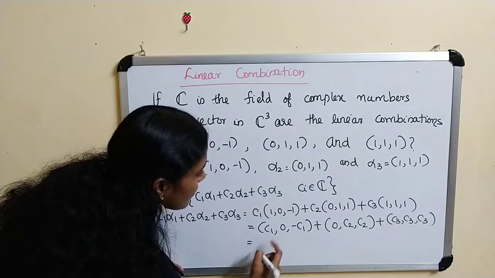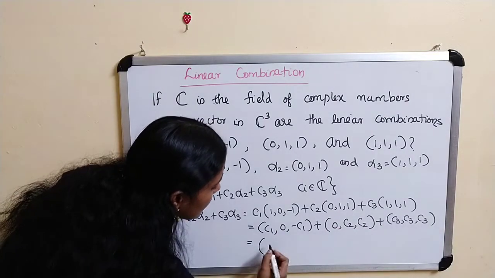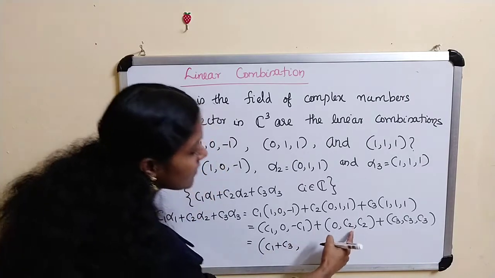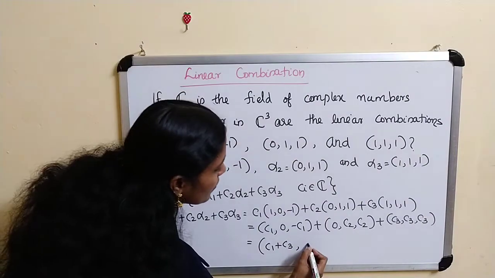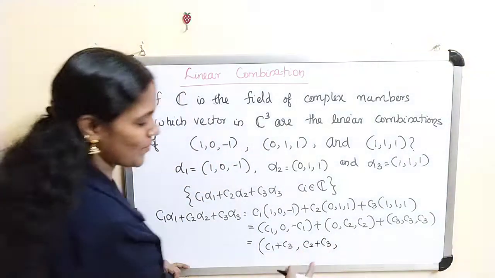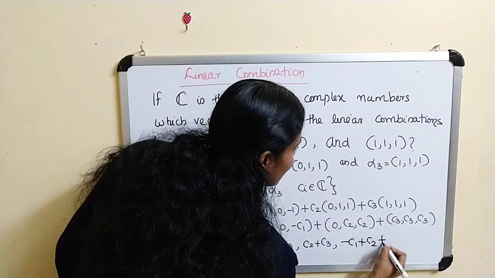Adding coordinate-wise, we get C1 plus C3, then C2 plus C3, and the last one minus C1 plus C2 plus C3.